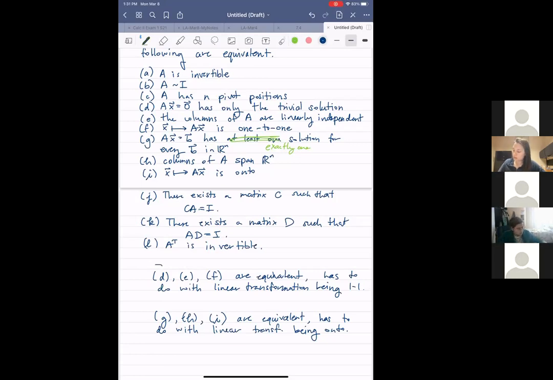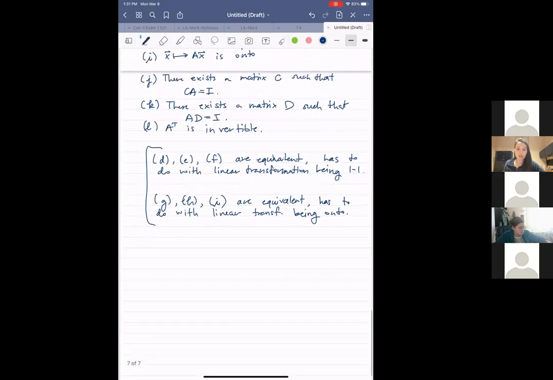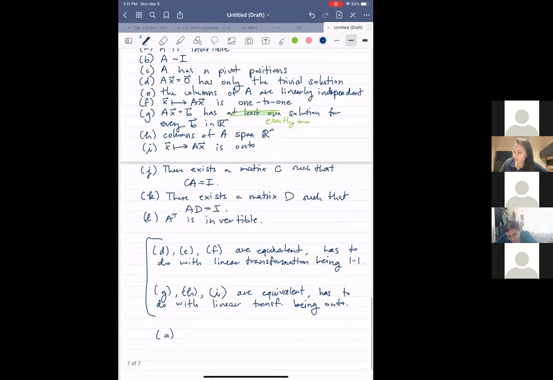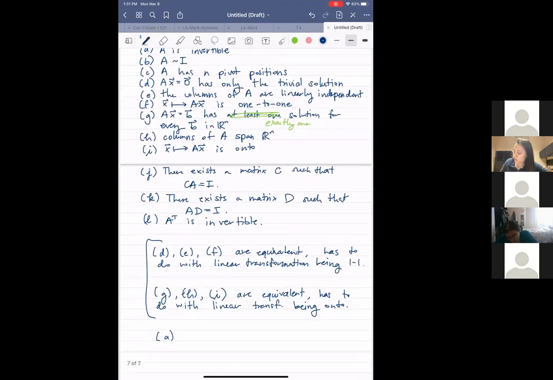Okay. So these are things that we've talked about before. Other things that we've already shown are that A, I know it's not totally visible now, so A is equivalent to L. That's that if A is invertible, then A transpose is invertible. This just comes from the properties of transpose, right?